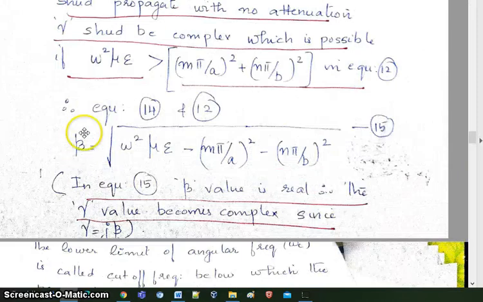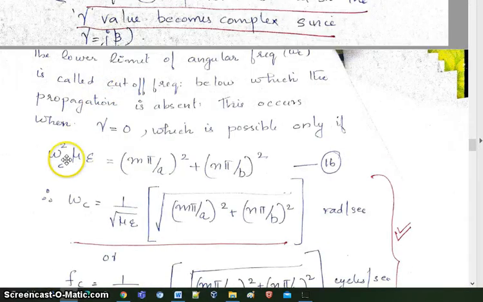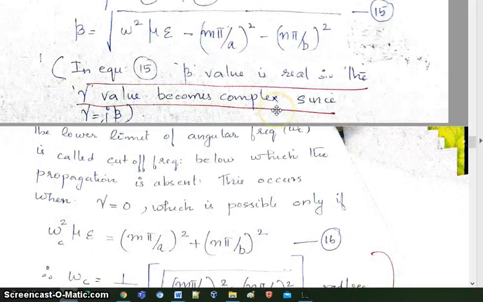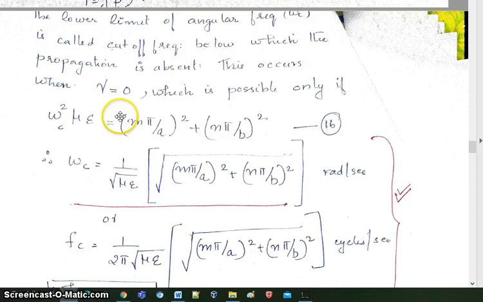So what I am going to do is take the condition omega square mu epsilon is equal to (m pi by a) the whole square plus (n pi by b) the whole square, and instead of omega I am writing omega c square, because here we are considering the cutoff frequency of the waveguide, below which there will be no propagation taking place.